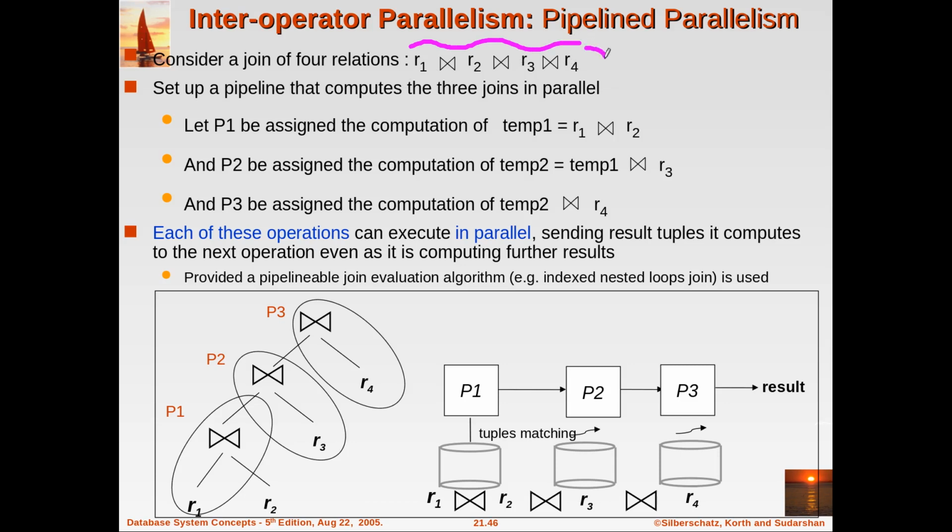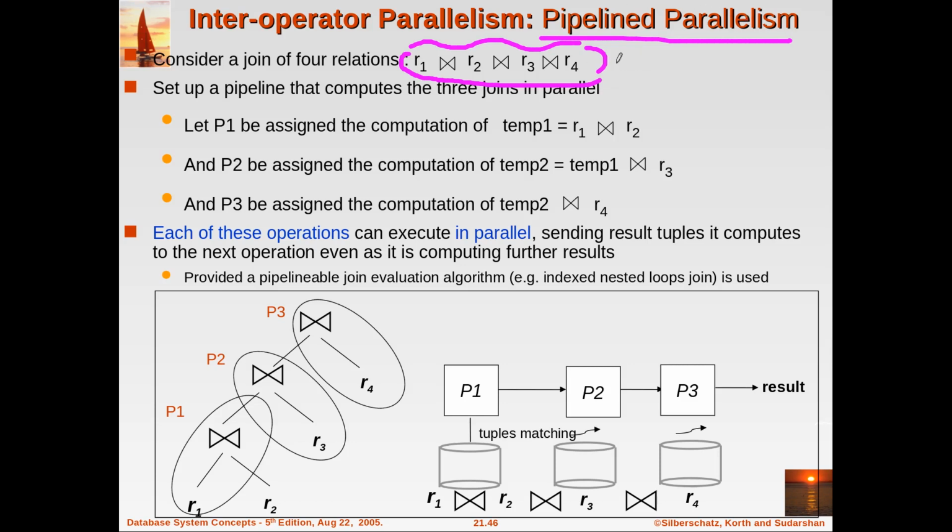This is a situation where we need to handle a huge operation that consists of four relations, to be joined in this particular manner. One of the mechanisms that can be used is pipelined parallelism. Inter-operation parallelism can be done in two ways, and in this slide we will discuss the first mechanism, called pipelined parallelism.